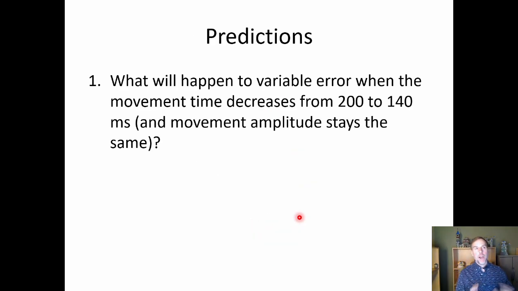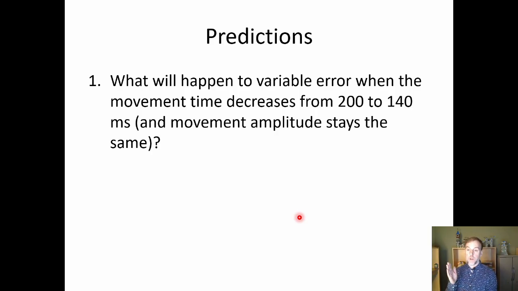When we apply variable error to these independent variables, it gets a little more complicated than Fitts' law, but it's mostly intuitive. So let's walk through this. So imagine we have a participant do 2 blocks. So what would happen to their variable error when in the first block we say your movement time goal is 200 milliseconds. And then we do another block where we say, okay, now you have to move faster.